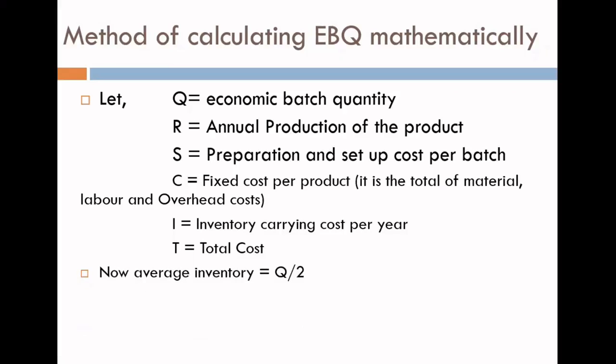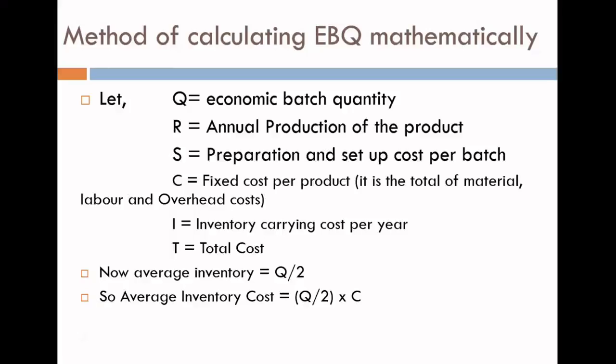Now the average inventory is equal to Q by 2. So average inventory cost is equal to Q by 2 into C, because the average inventory is Q by 2 and C is fixed cost per product.